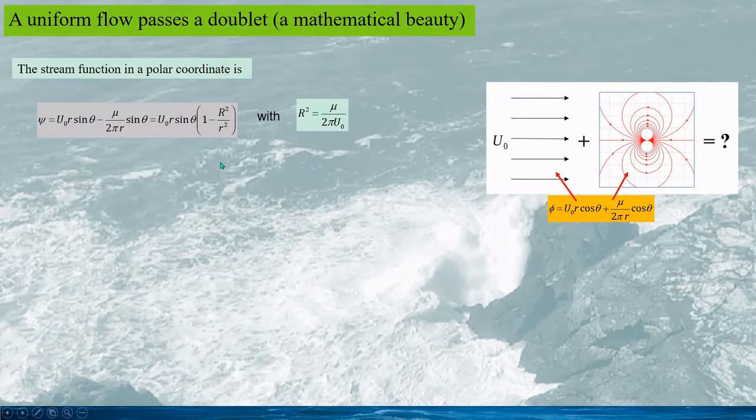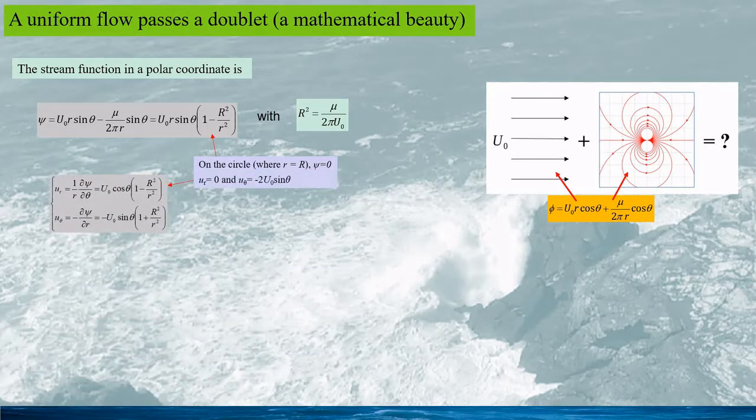And the stream function in polar coordinates is given by this. And we can see on the circle of radius capital R, the stream function is 0, a constant stream function. That means the circle is a streamline of the flow.